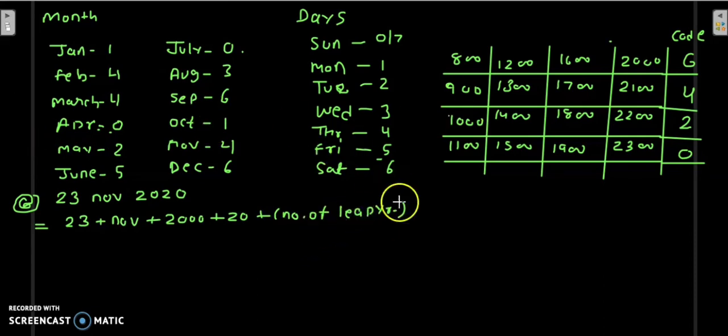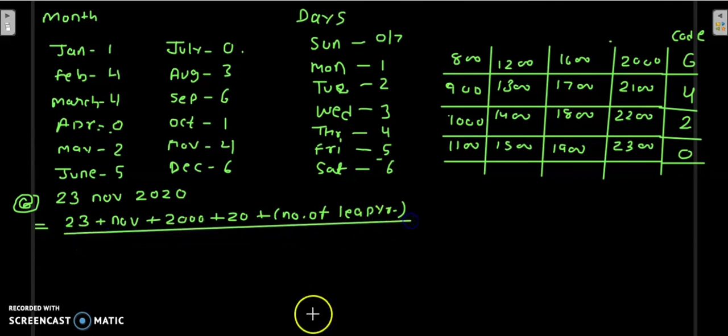Clear? I am not rubbing this because it will help you to solve. When you do more practice, you will be able to remember. Now put the codes: 23 as it is, November code will be 4, 2000 code will be 6, 20 as it is.